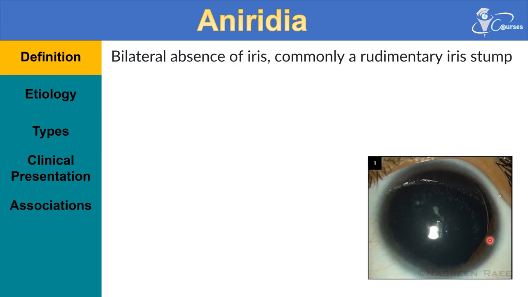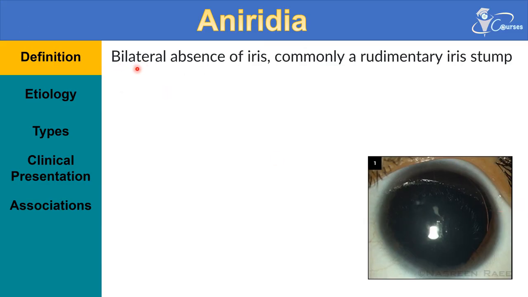So this is one of the causes of secondary congenital glaucoma, specifically angle closure glaucoma, because this rudimentary iris will be pushed against the angle, causing angle closure. That's why in aniridia, in 50% of cases, those patients may have glaucoma.